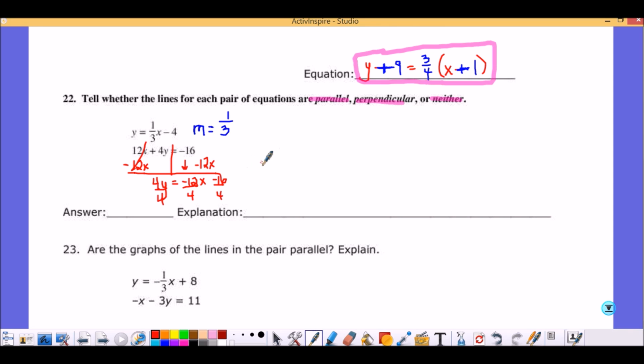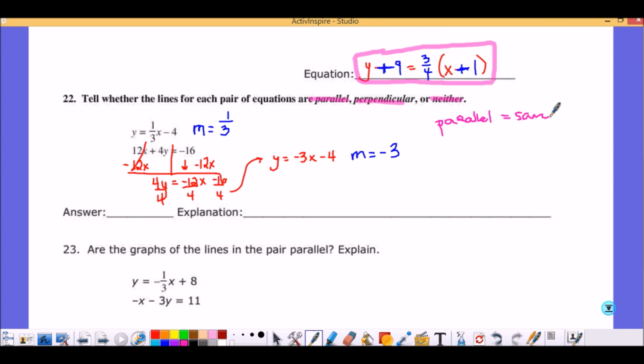So now my equation is going to be y equals -3x minus 4. Now here, my slope is -3. So let's talk about the difference between these vocabulary words. Remember in the previous instructional video, we talked about parallel slope being the same.